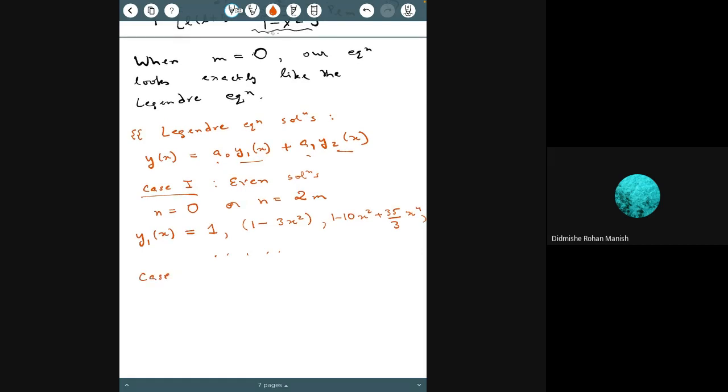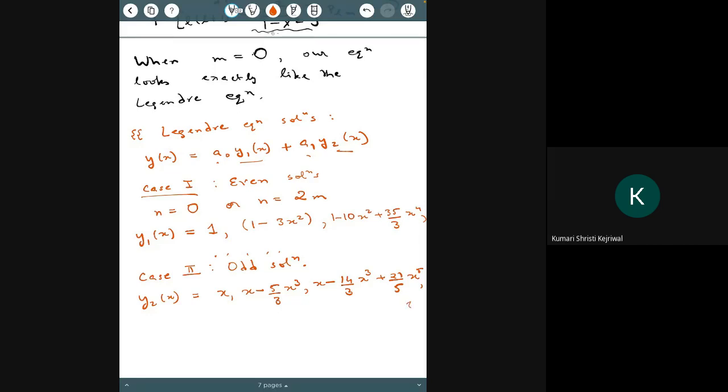And case 2 is when we have odd solutions, that is y2(x) is equal to x minus 5 by 3 x cubed, x minus 14 by 3 x cubed plus 21 by 5 x to the power 5, etc. Why are we getting these solutions?